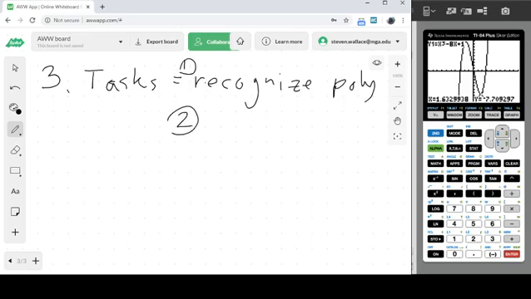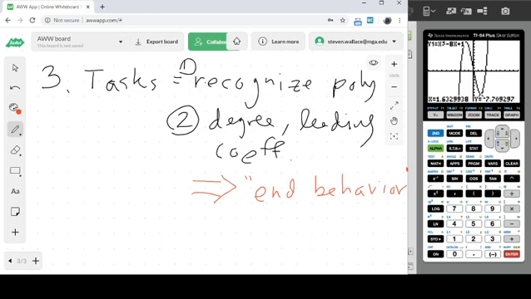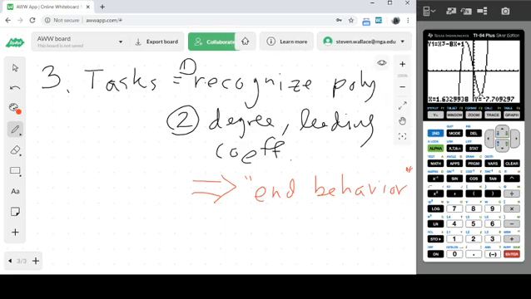We need to be able to find their degree, leading coefficient, okay, because later on we're going to see that that will tell us about something called end behavior, which we'll learn about in the next section. Okay?